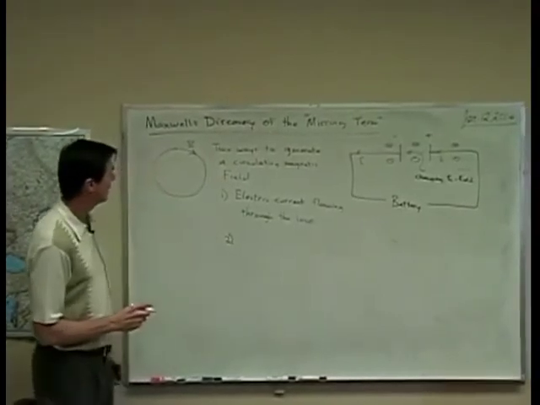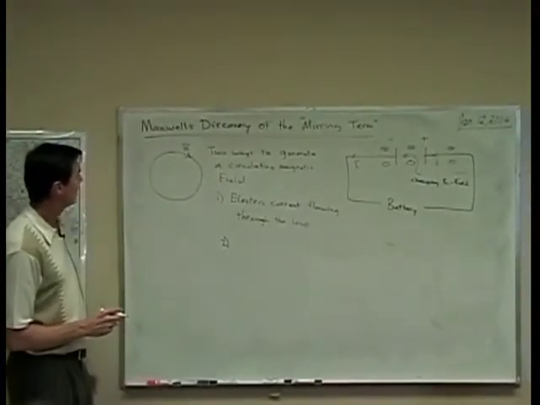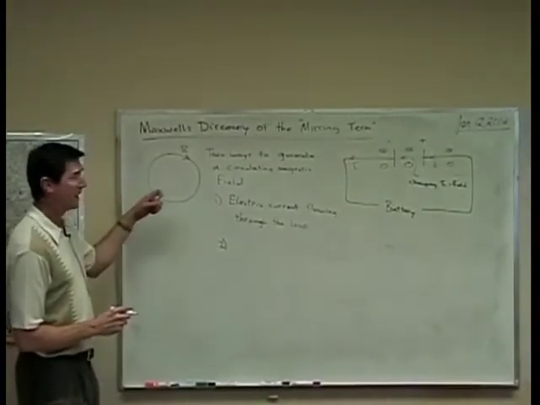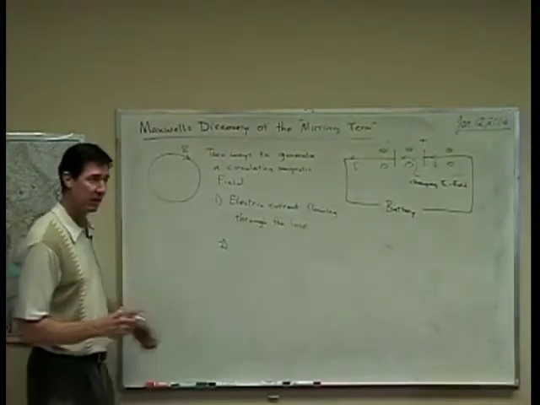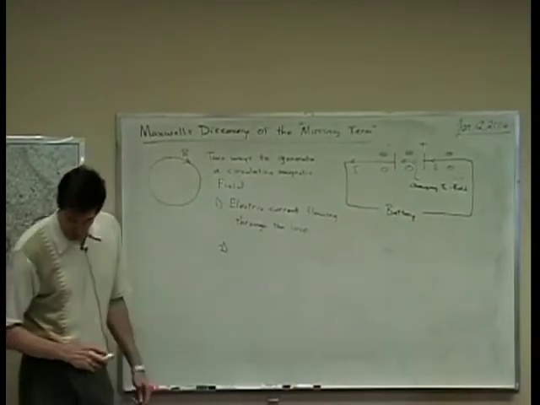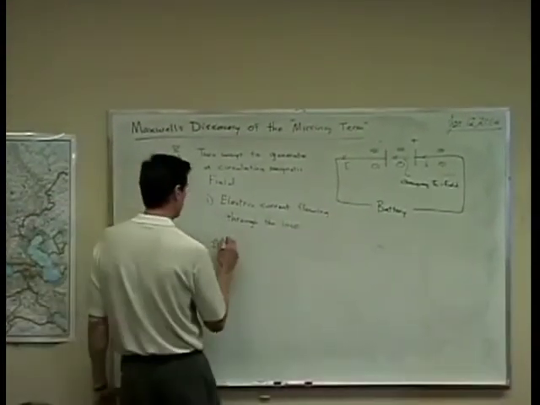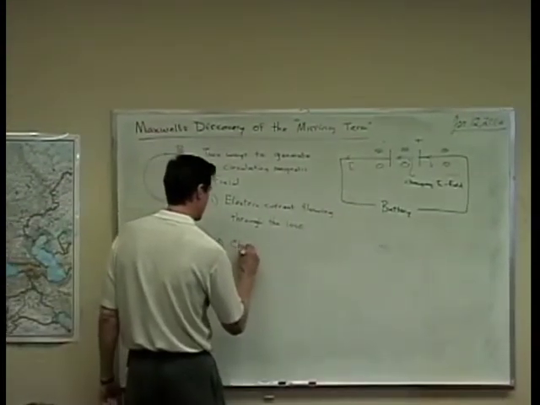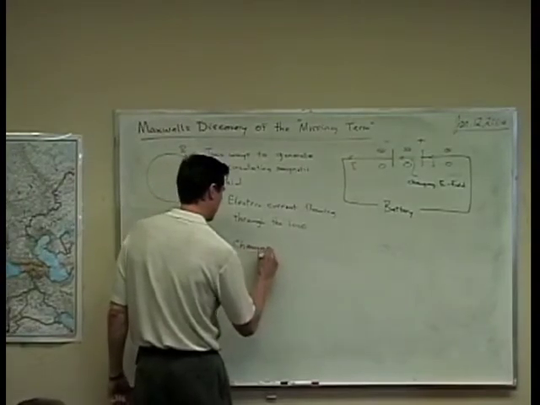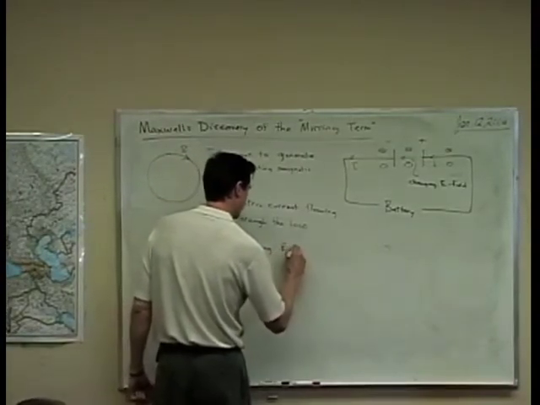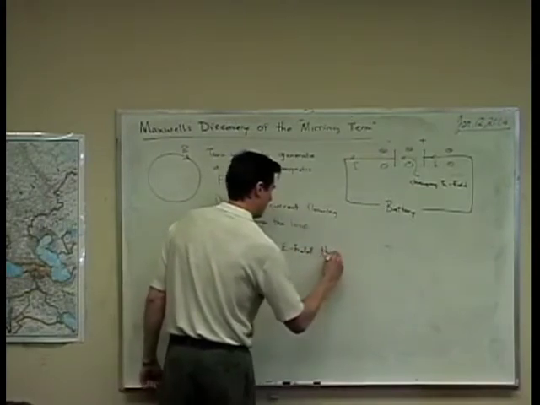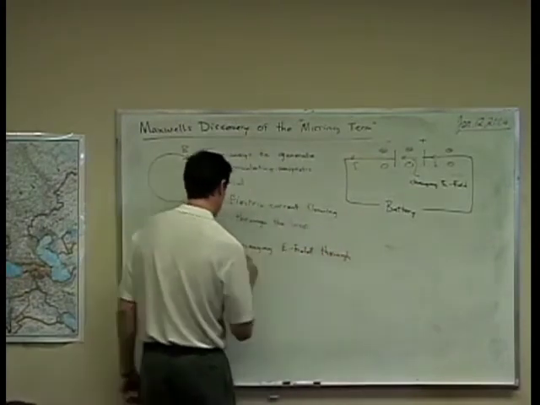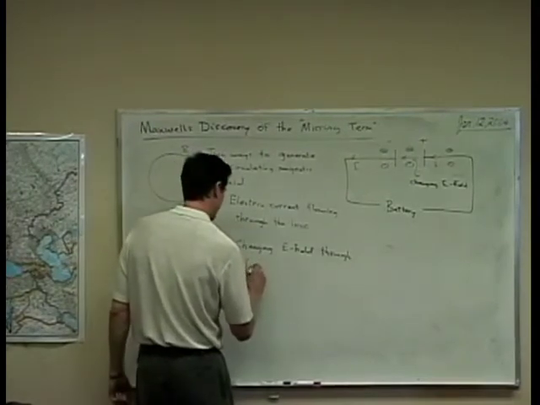Now the second way is to have an electric field that is changing through that loop. So, changing E field through loop.